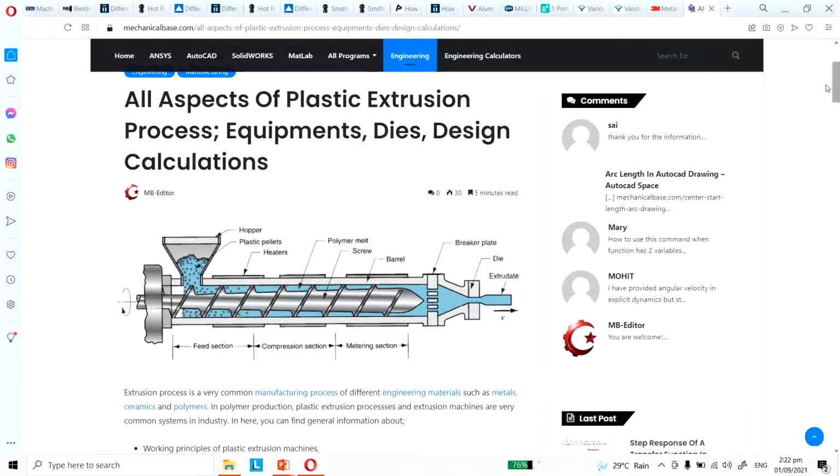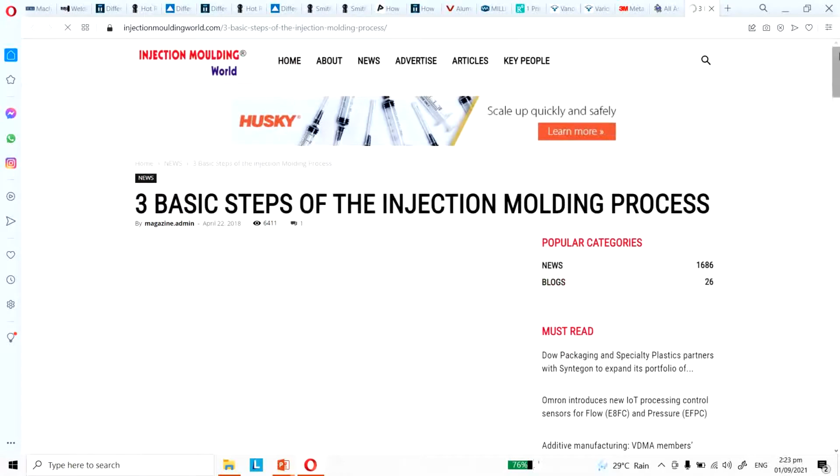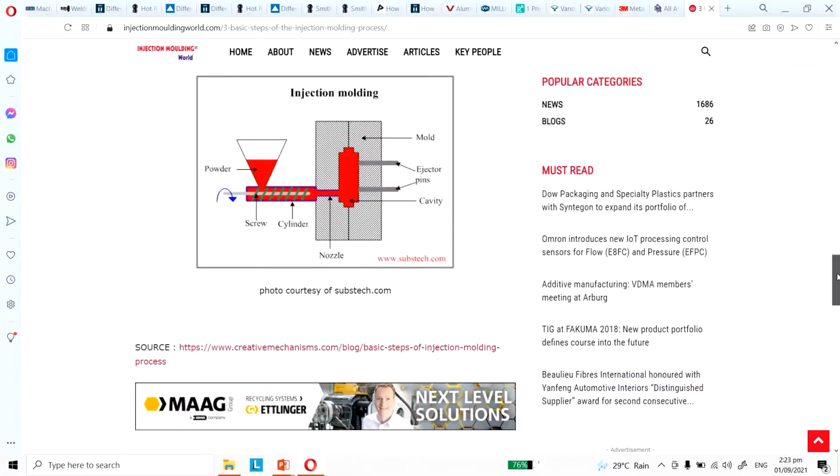Okay, so that's the extrusion process. Another one is injection molding. Right here we have an article for injection molding.